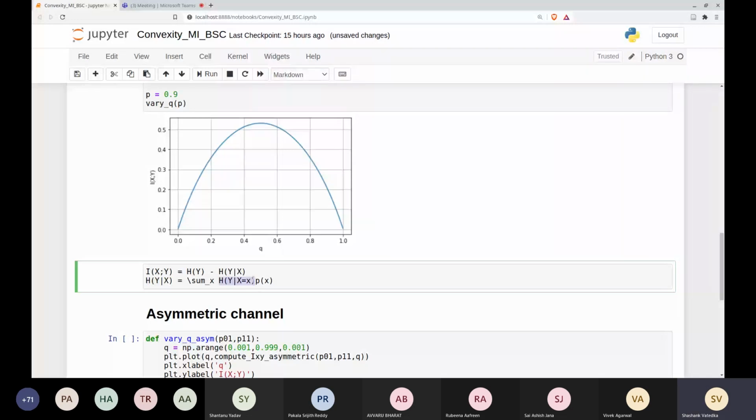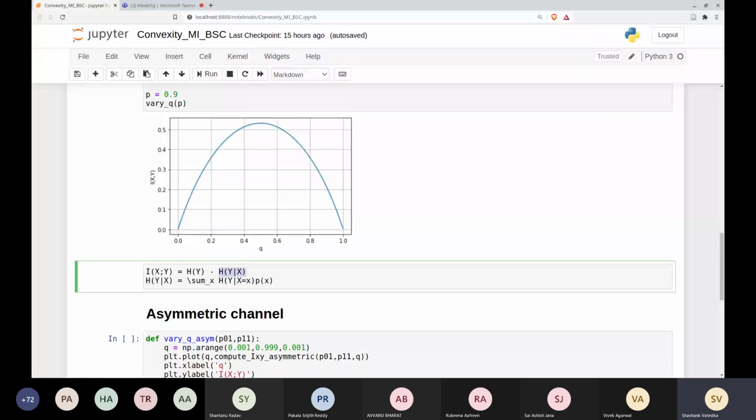So whether x equal to 0 or 1, you still have the same h of y because it's a symmetric channel. Therefore, h of y given x is really independent of what the input distribution is. But again, it's only for a symmetric channel. And in this case, h of y given x is independent of q.